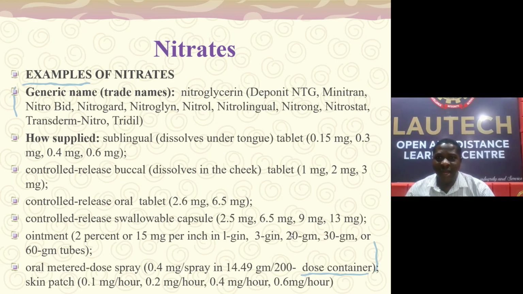The trade names are Deponit, NTG, Minitran, Nitro-Bid, Nitrogard, Nitroglyn, Nitrolingual, Nitrong, Nitrostat, Transderm-Nitro, then Tridil. These are supplied in sublingual tablet form that can easily be dissolved under the tongue, in doses of 0.15 milligram, 0.3 milligram, 0.4 milligram, then 0.6 milligram.